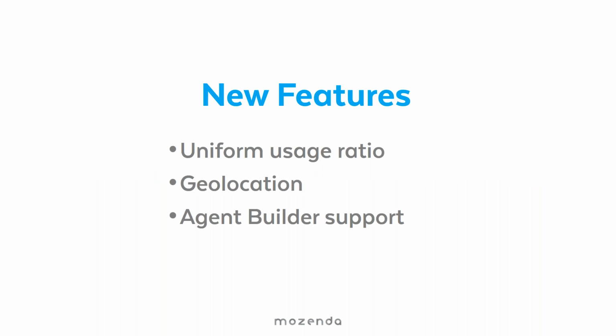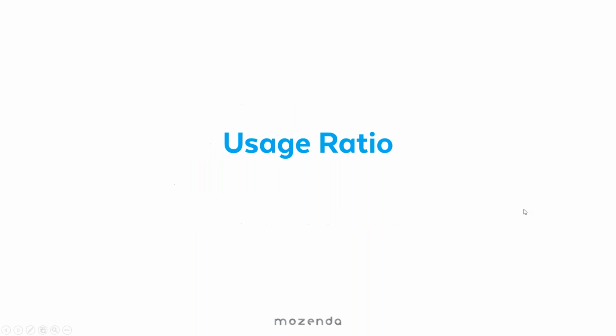So these features include using a consistent number of page credits during processing, geolocation features, and the ability to use those geolocation features in the agent builder. Let's go ahead and cover these in just a little bit of detail. So first off is the usage ratio. If you're familiar with anonymous processing, it would use different numbers depending on a variety of factors, including the location that was being used, what type of website, and so on.